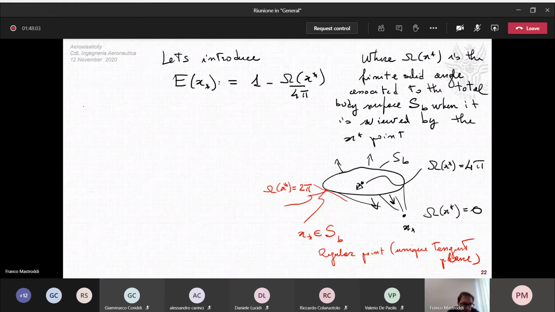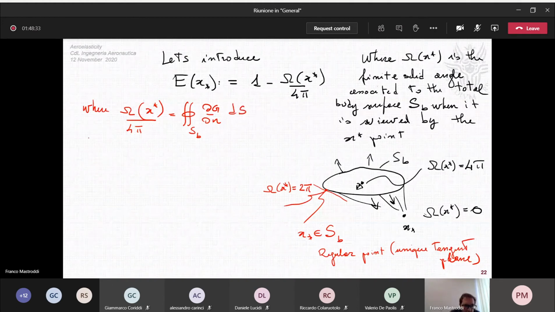And remember that this value, omega x star divided by 4 pi, is equal to the integral of our viewed surface, the body surface in this case, of dG in the n, dS.